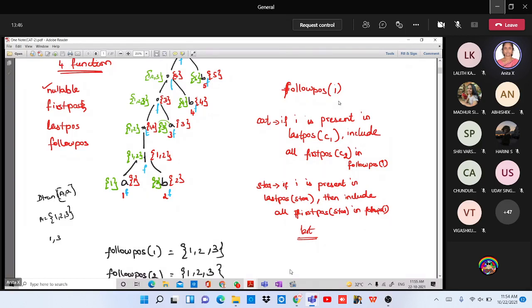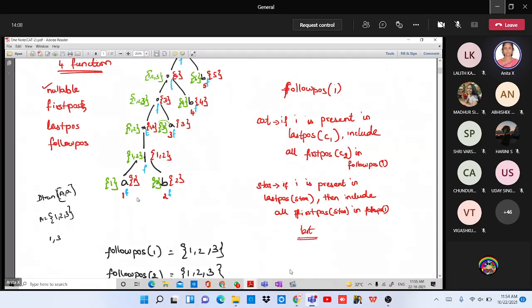So now comes the follow position. These three things we'll be computing for all the nodes in the tree, whether it is leaf node or intermediate node. For follow position, we proceed only with the cat node and the star node.